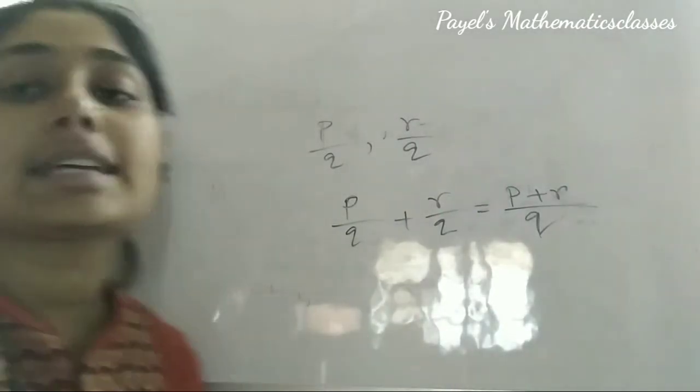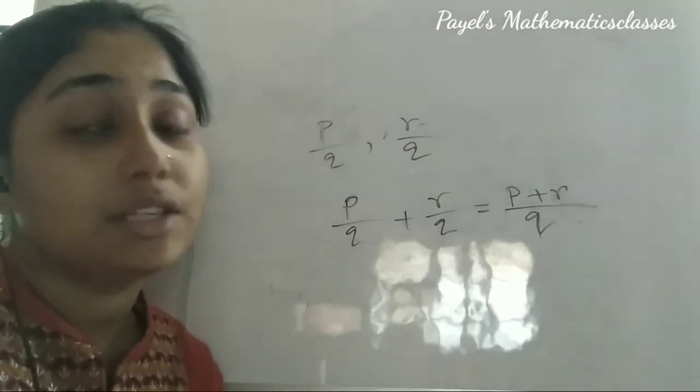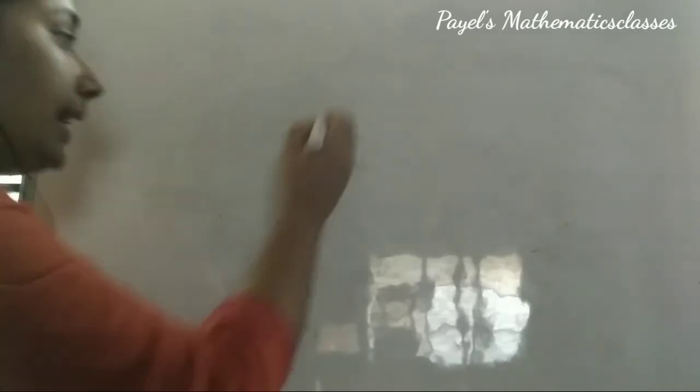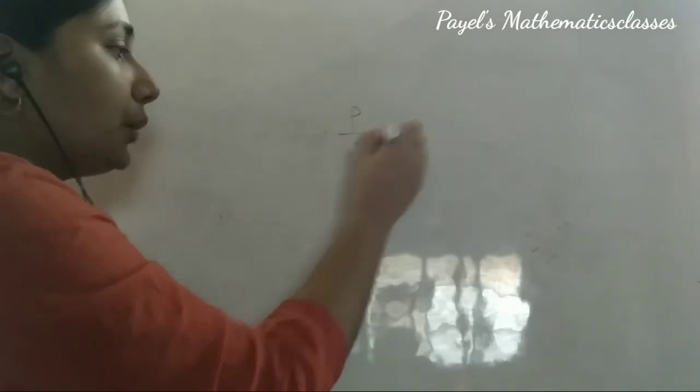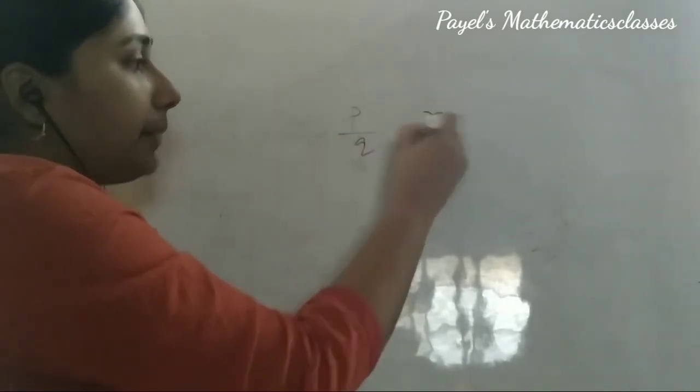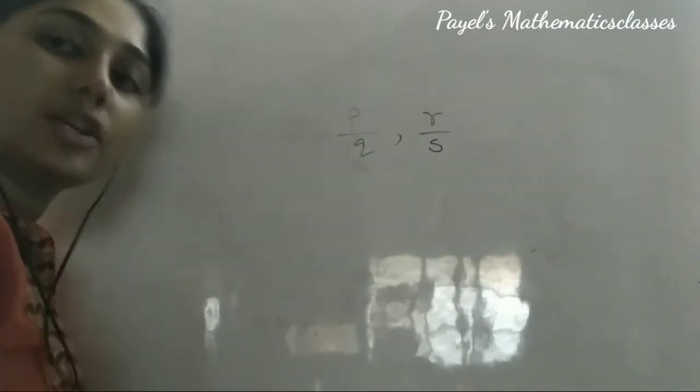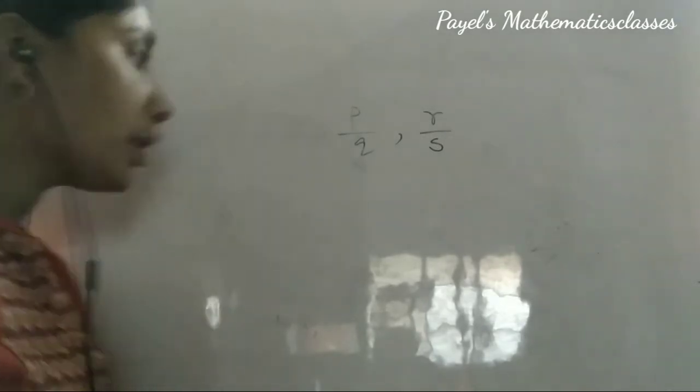Now I will discuss the case where the denominators are not the same. Let P by Q and R by S be two rational numbers where the denominators are not the same.